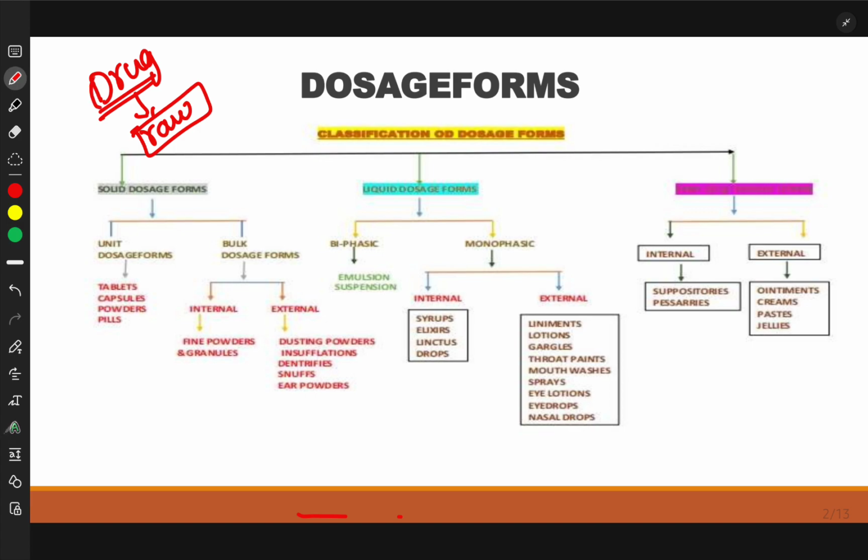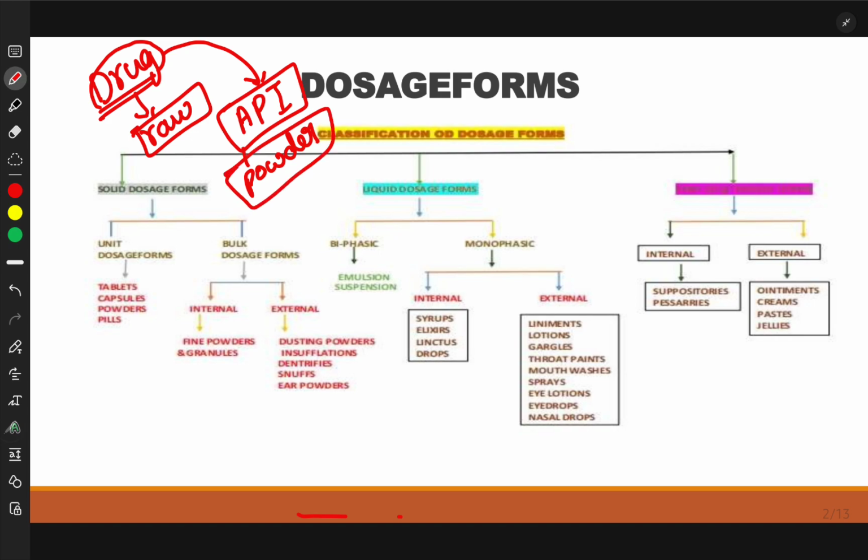The drug we can now call the active pharmaceutical ingredient. For now we'll just observe the name, active pharmaceutical ingredient; I will explain it further. This active pharmaceutical ingredient is in a raw form, like we assume a powder.